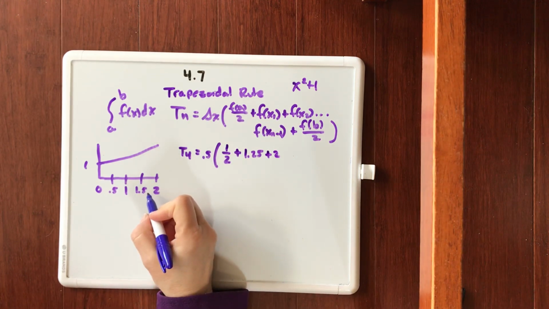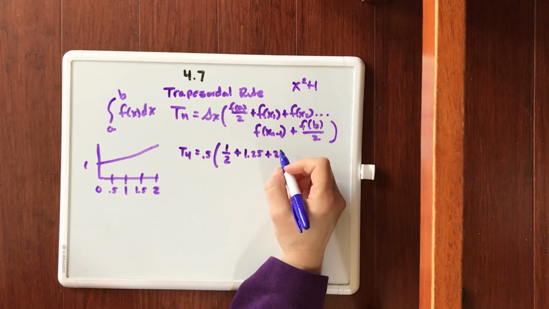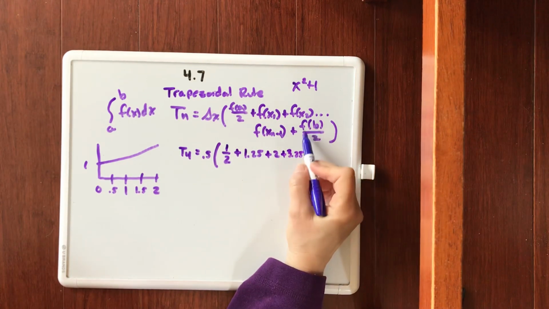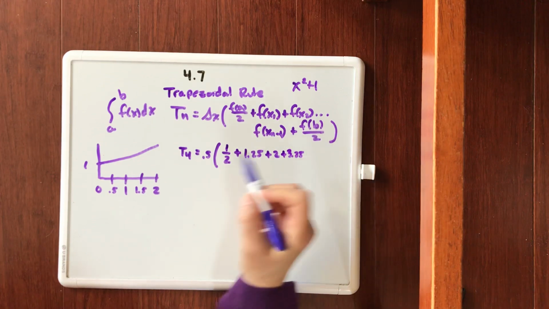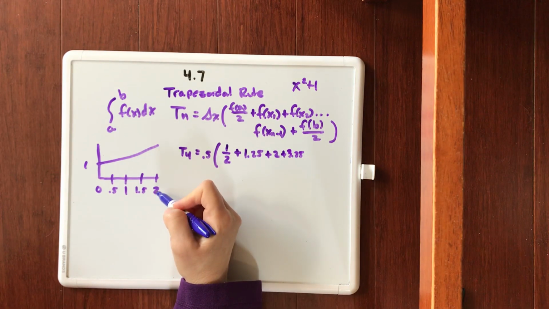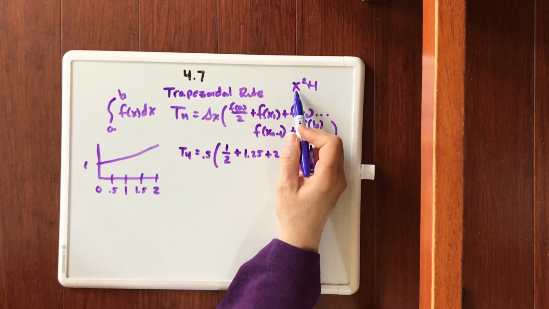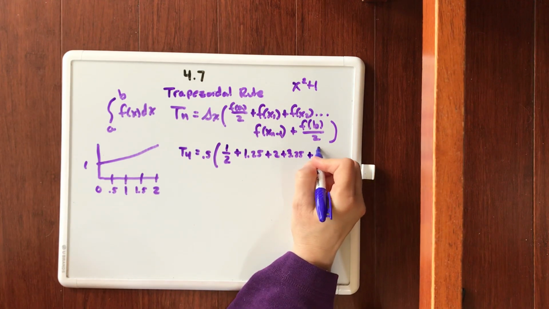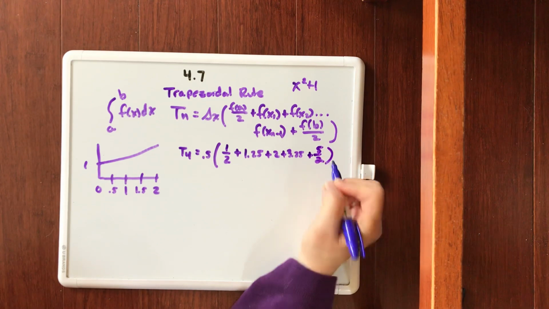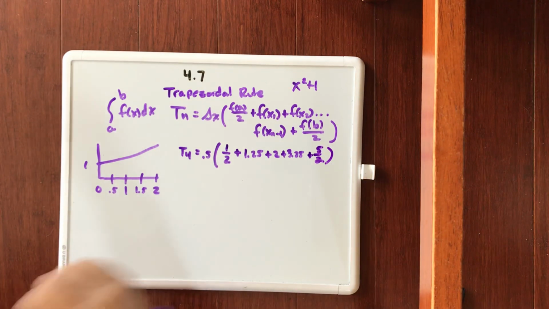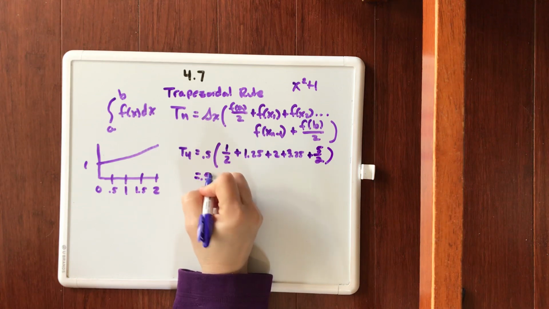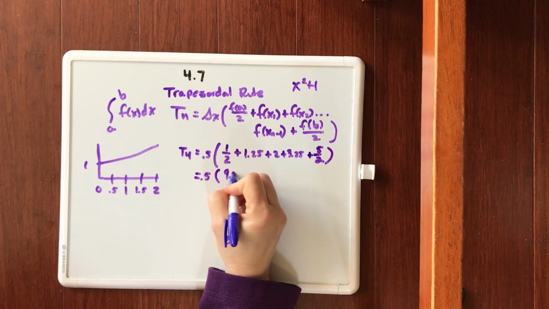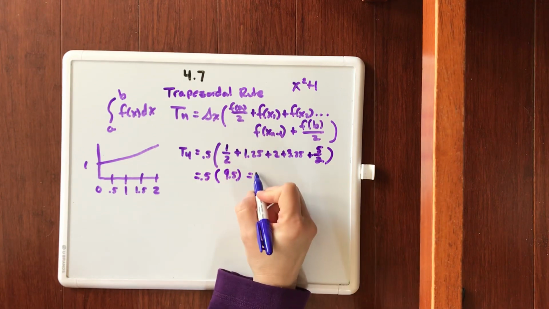If we put a 1.5 in there, we have 3.25. And then this one considers the last one, f of b, which is 2. And if we put a 2 in there, that's 4 plus 1 is 5. We get 5 over 2. Okay? So when we add all this up, we have 0.5 times all of this is 9.5, which equals 4.75.